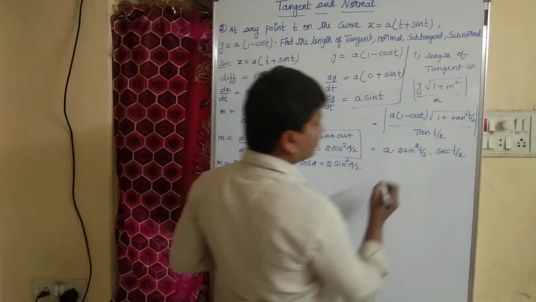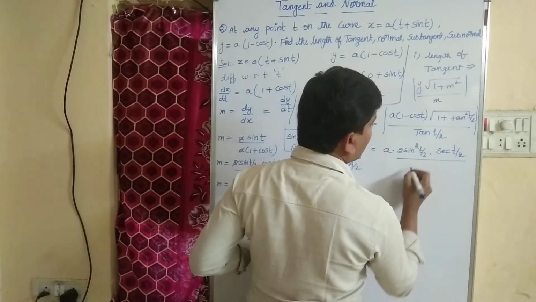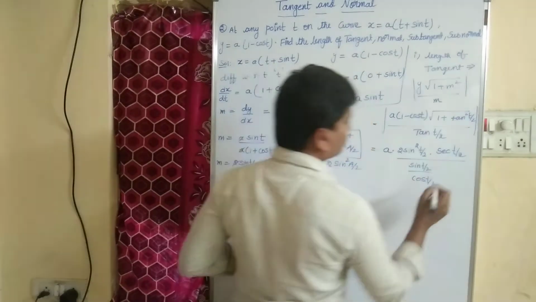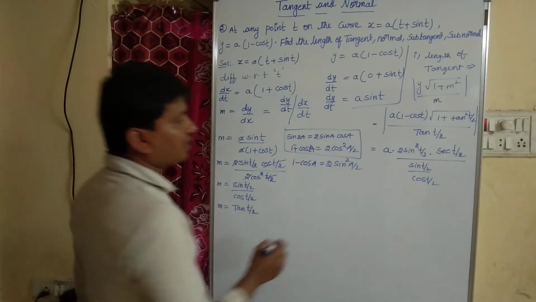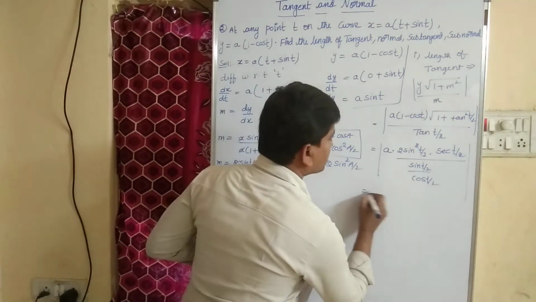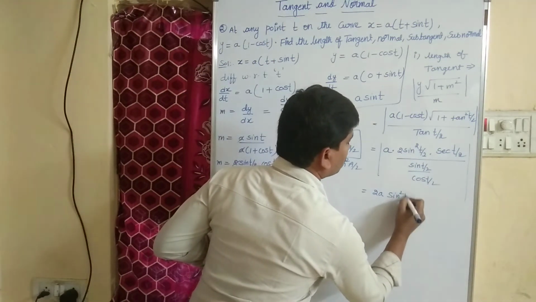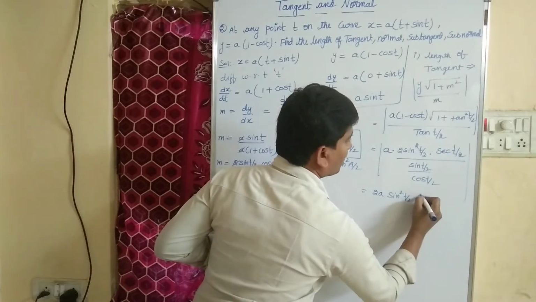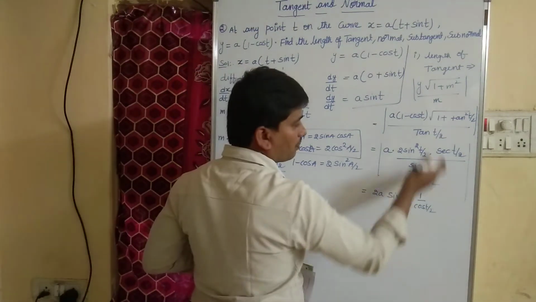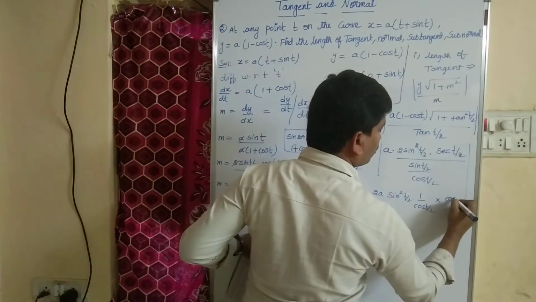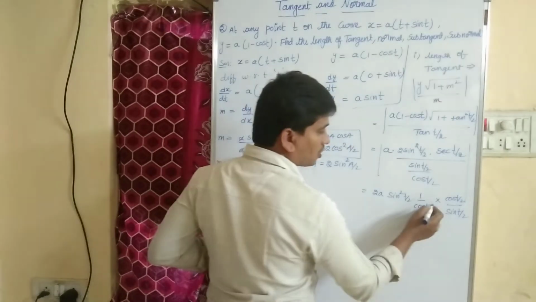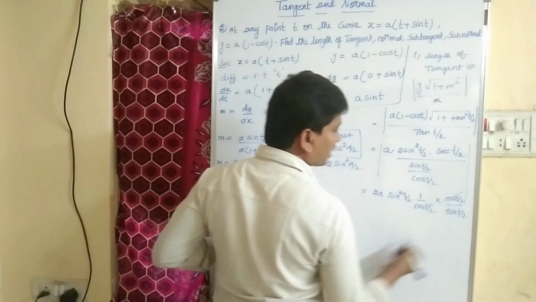And 1 by m I can write as cos t by 2 divided by sin t by 2, because the reciprocal of tan t by 2 is cos t by 2 by sin t by 2. As cos gets cancelled, in this one sin gets cancelled.